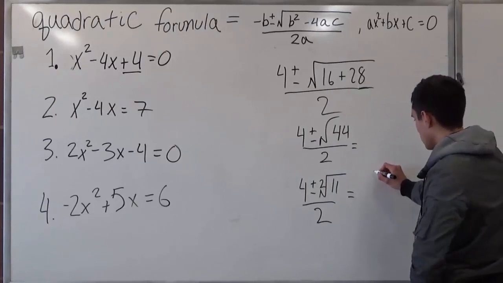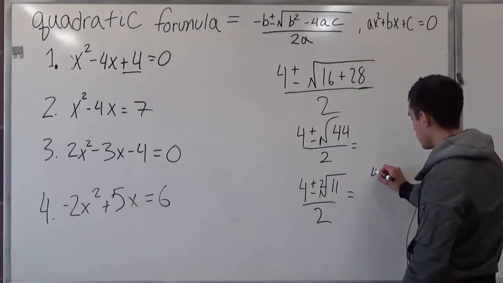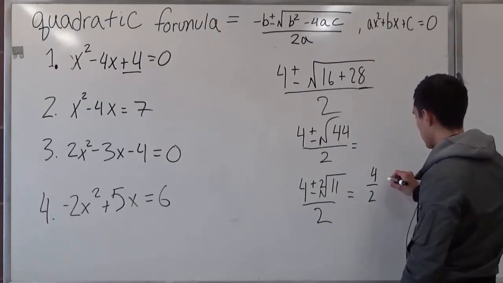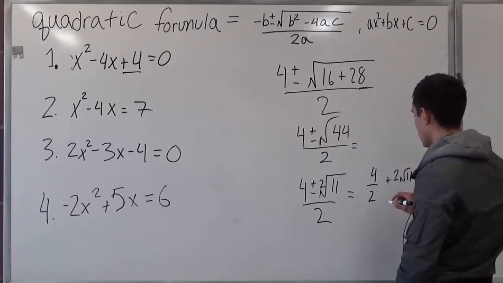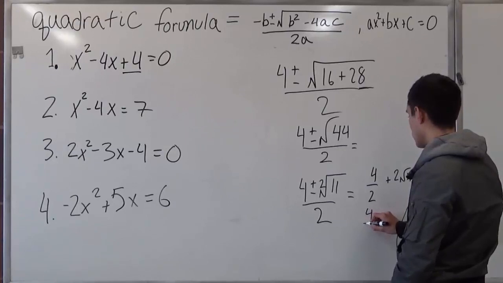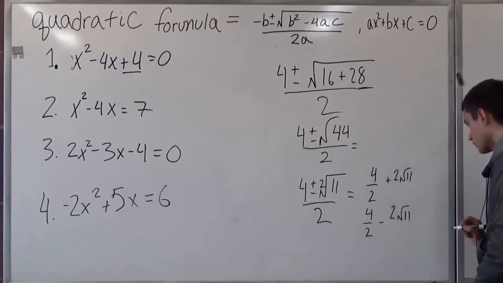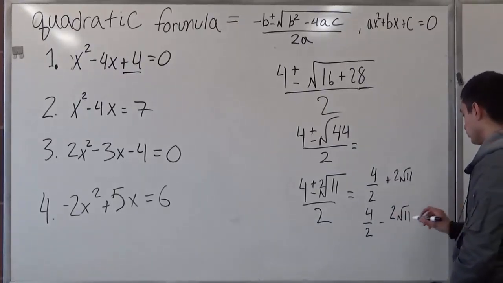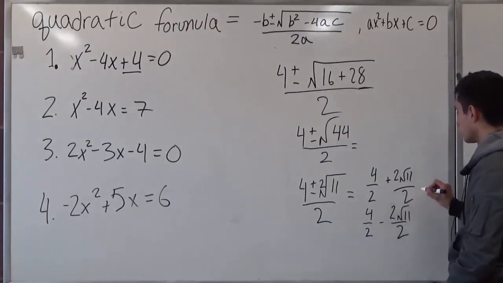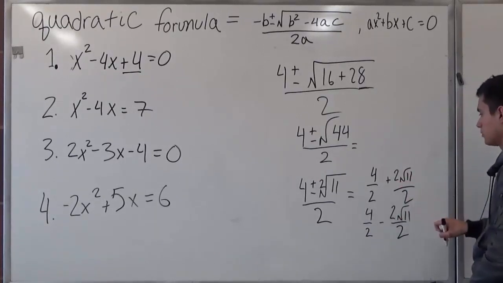So what this basically means is 4 over 2 plus 2 radical 11, or 4 over 2 minus 2 radical 11. So 2 radical 11 divided by 2.